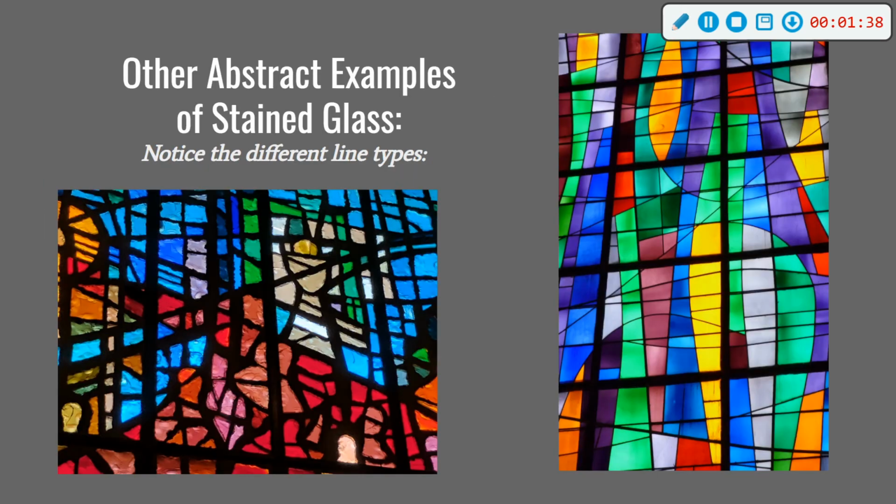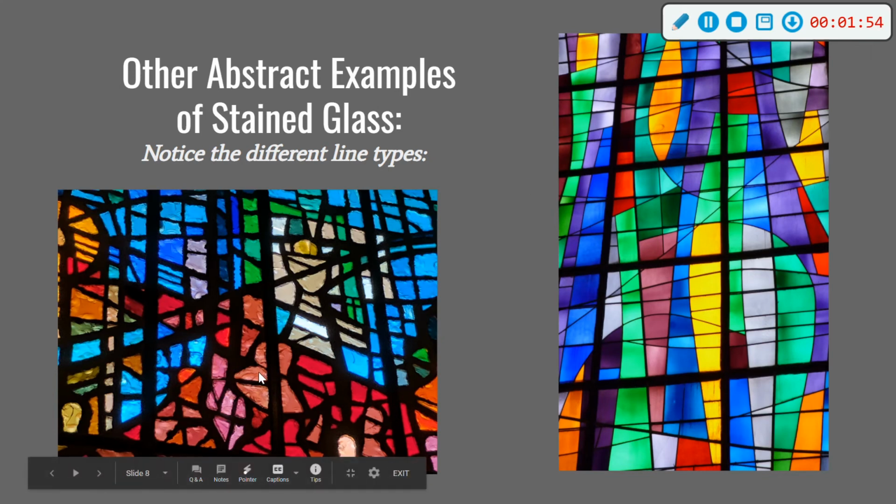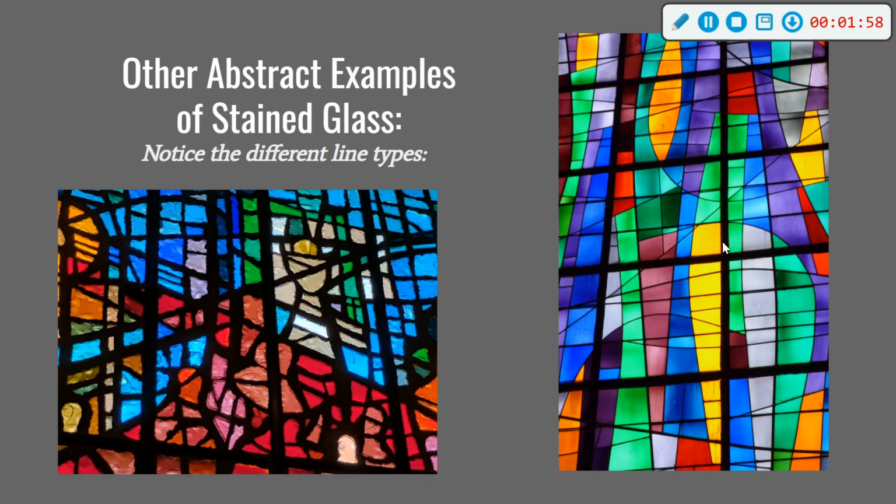And then these are examples of abstract stained glass. And again, you can notice those different line types. You can find vertical, the ones that go up and down. You can find horizontal, like the bars that go across, or even inside the windows themselves.